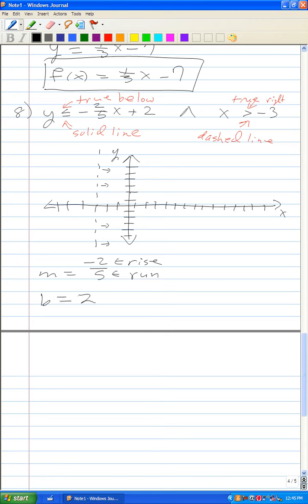So with a y-intercept of 2, it is a solid line, and we go down 2 over 5. 1, 2, 3, 4, 5. So it should look something like, good enough.